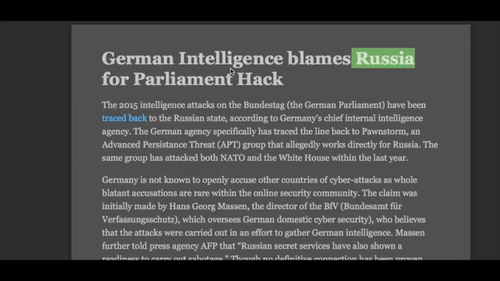Then German intelligence is converted into basically an adjunct of the CIA. And so most of the NATO countries and their intelligence apparatuses are all in line and all working together, just like in the Spectre movie, the Nine Eyes.